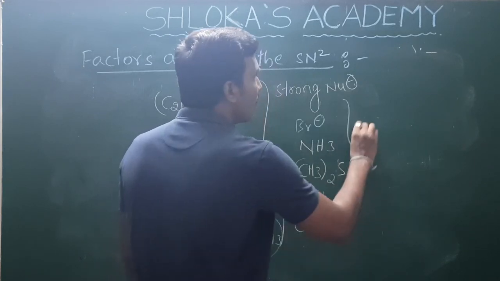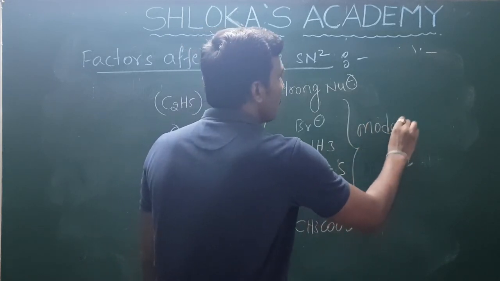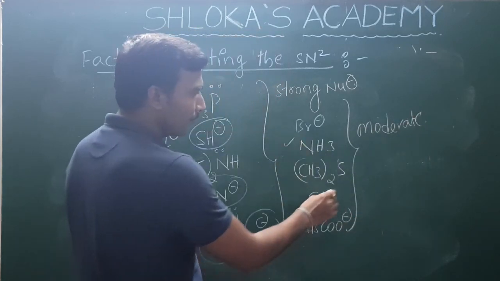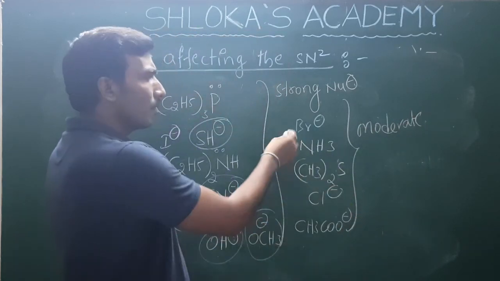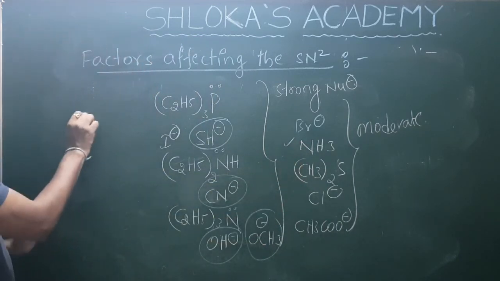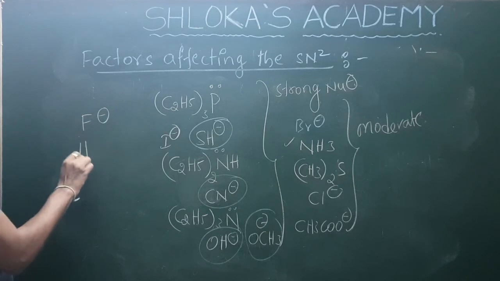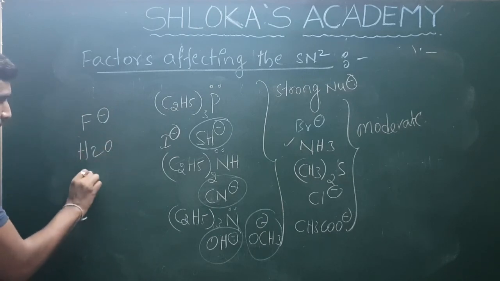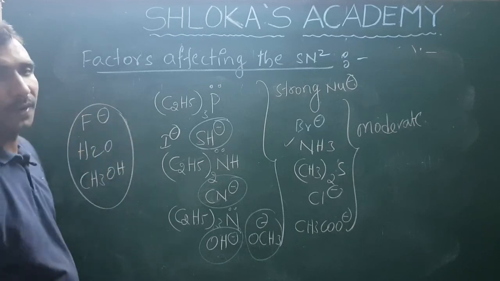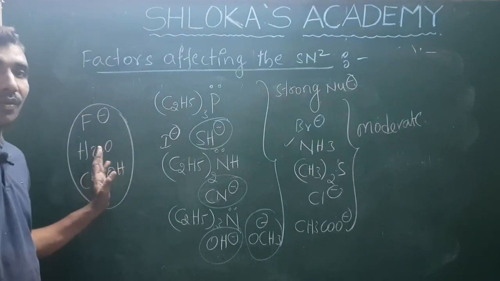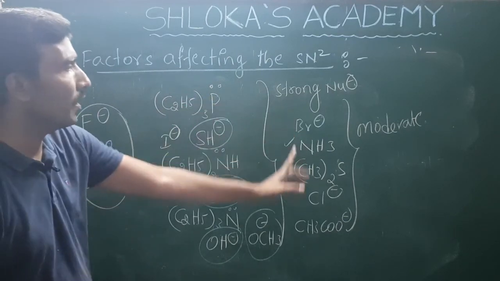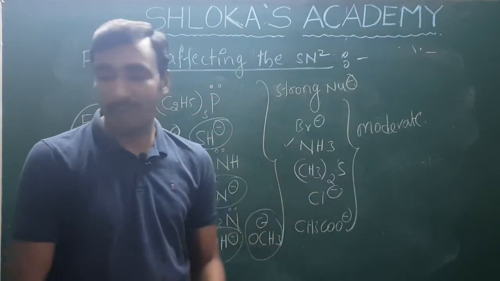All these are moderate, and among these mostly we will use NH3. And weak ones are F minus, water and alcohol. These are weak nucleophiles. A weak nucleophile favors SN1. In that case these are very helpful, but these are not for the SN2 mechanism.